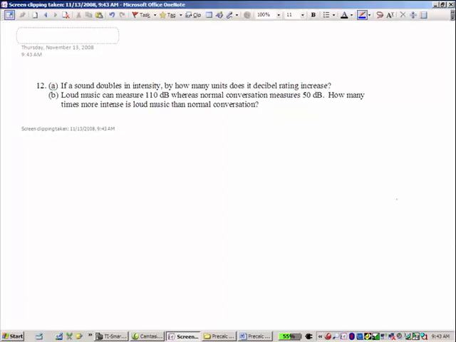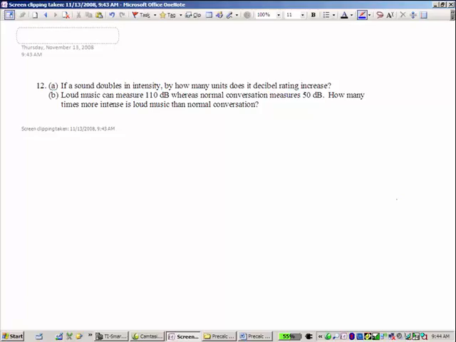All right, so sound is another thing that we use logarithms to compare. It's because the sound intensity or loudness differs not by 1 or 2 units, but by orders of magnitude. The threshold of human hearing is like 10 to the negative 16th watts per meter squared. You don't have to worry about the units now. That's what you can just barely hear.